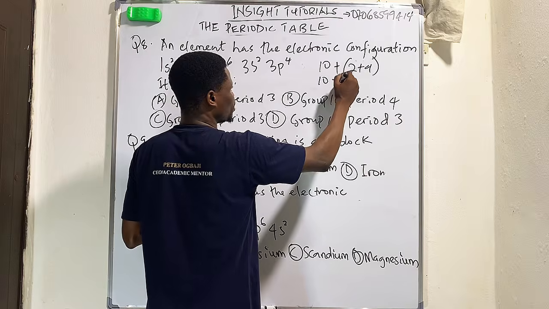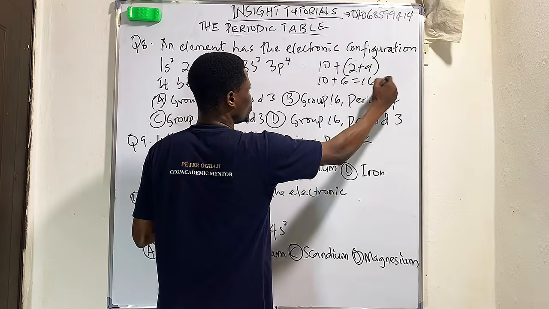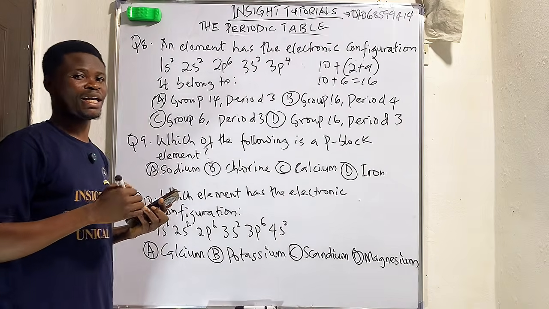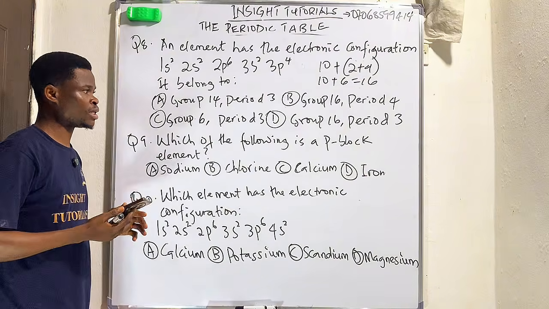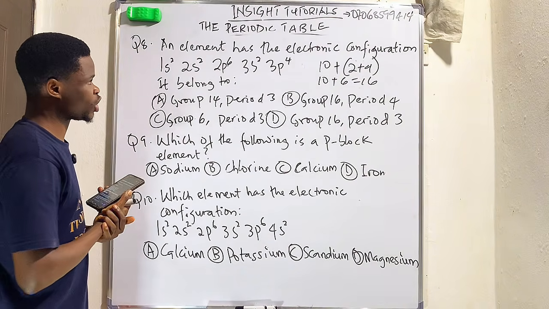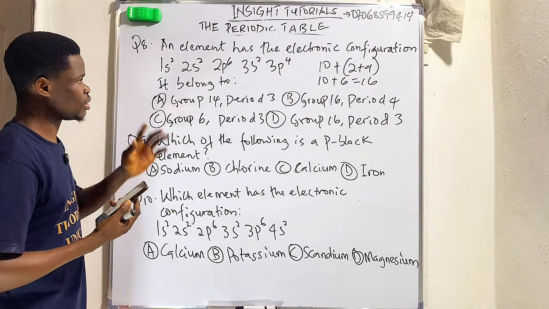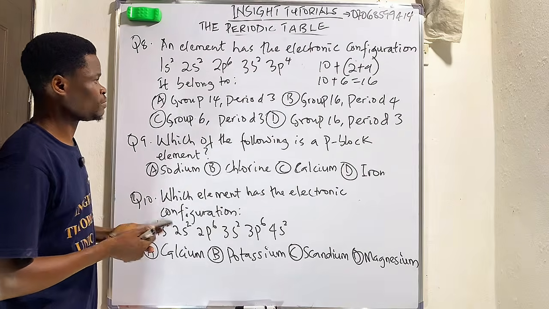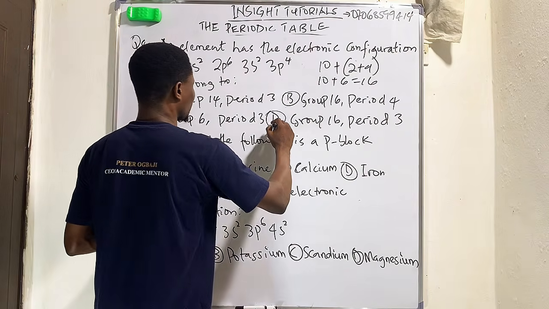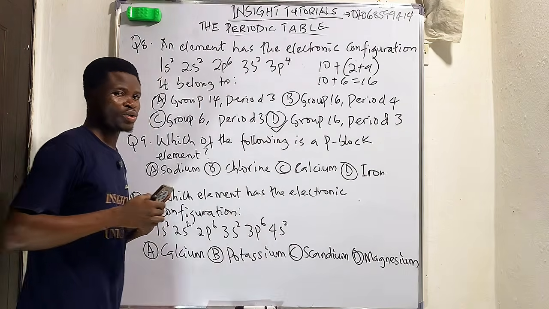So 10 plus 6 is going to be 16. So this particular element is in group 16. We're looking for period 3, group 16, so option D is the correct answer.